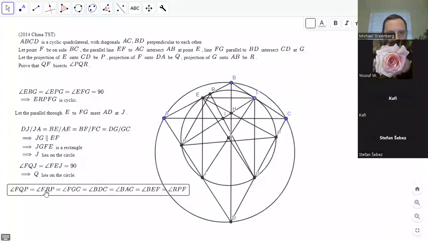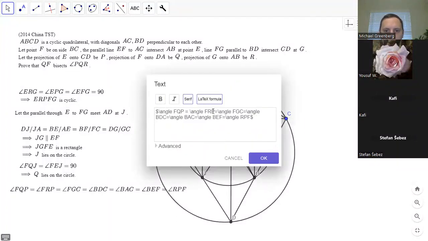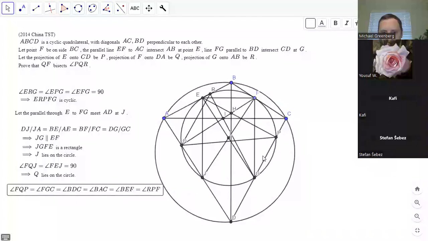In fact, I wonder if we could just skip this step. In fact, if we really wanted, we could get rid of R. And instead of RPF, we could say RQF.